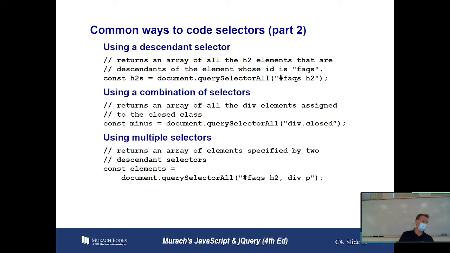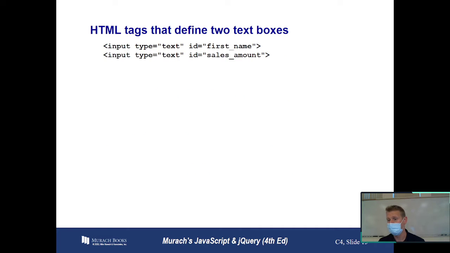Is it more efficient to be able to select things in CSS without giving everything an ID? The answer is yes. If you've got 100 elements and you're giving all 100 elements IDs, that's making your HTML file larger. When the HTML file is larger, it's slower to download.